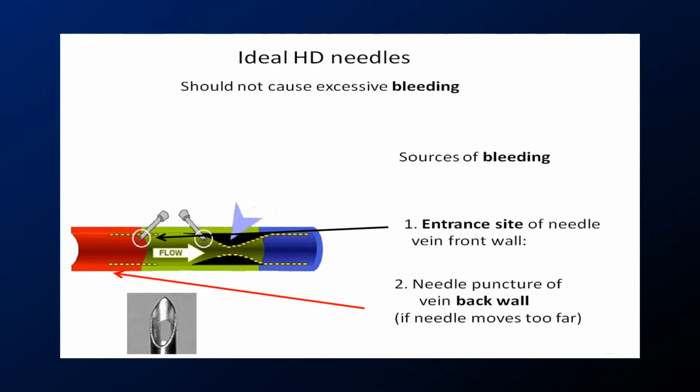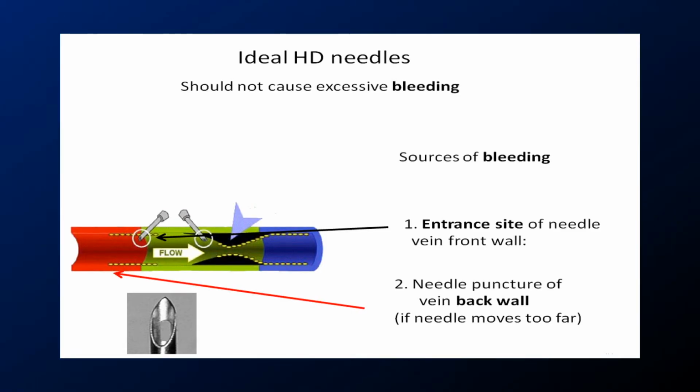So if we have a non-metallic catheter like the Teflon catheter we are discussing today, once the needle enters the front wall, the needle serves as a kind of guide needle so that we can push the catheter over it inside the vein.